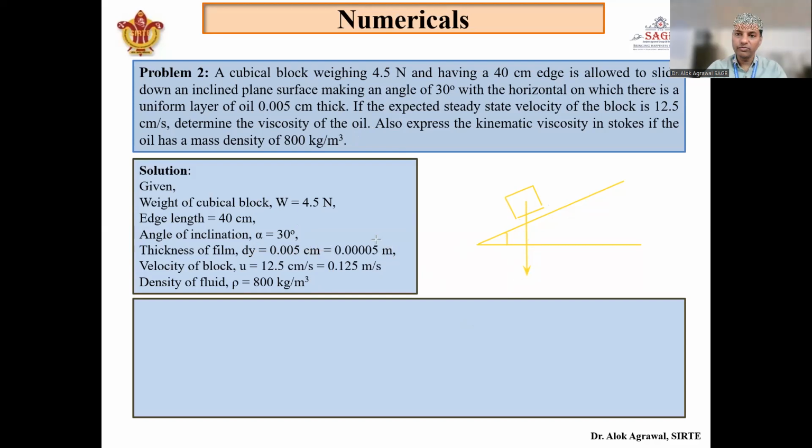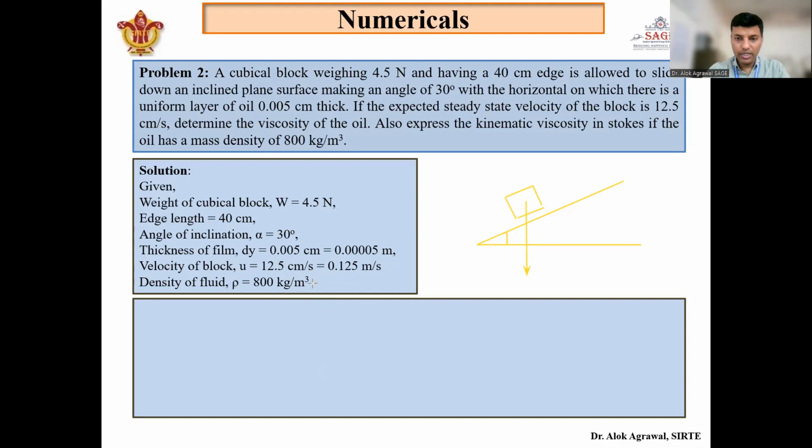We have to convert this in meter. Now this block is sliding with a velocity 12.5 centimeter per second, and we have to convert this centimeter per second into meter per second.